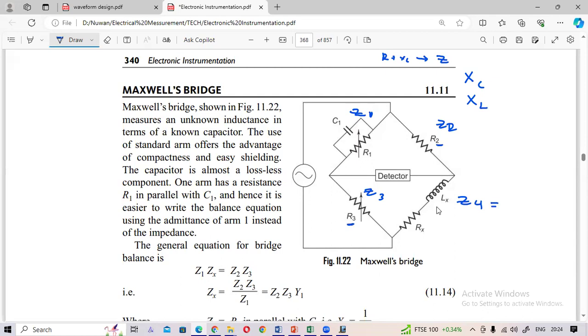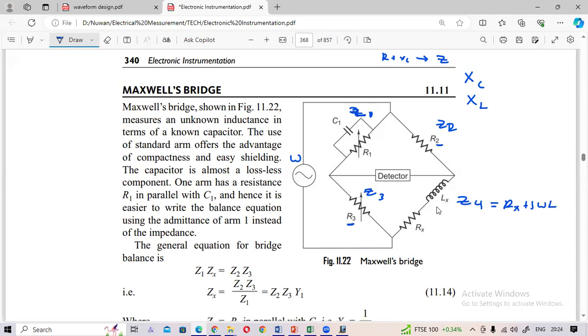What is Z4? If this source has frequency omega, that is Rx plus j omega L. This is the impedance Z4. In the same manner, try to find the impedance of Z1.